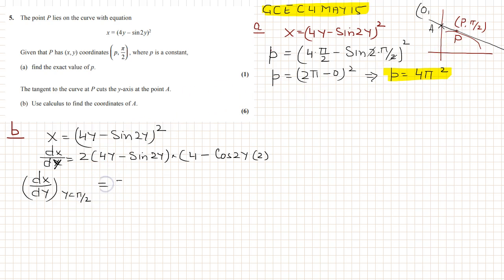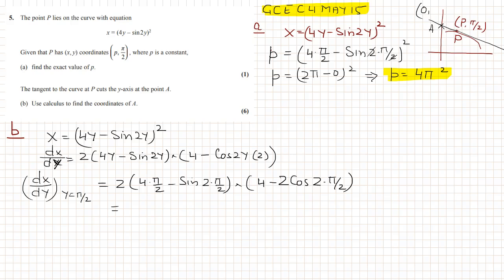So this will be equal to 2 times 4 multiply pi over 2 minus sine 2y, y is equal to pi over 2, multiply bracket 4 minus 2 cos 2y, y is pi over 2.